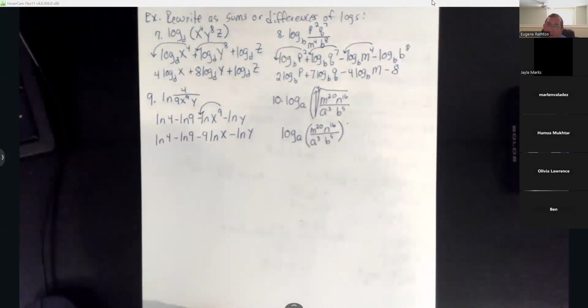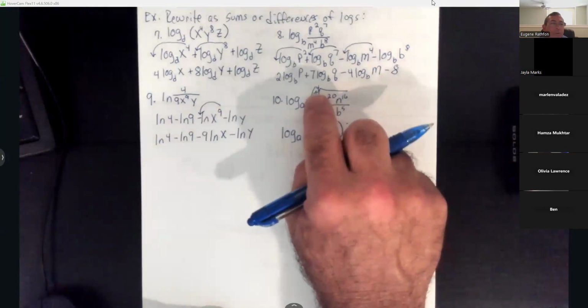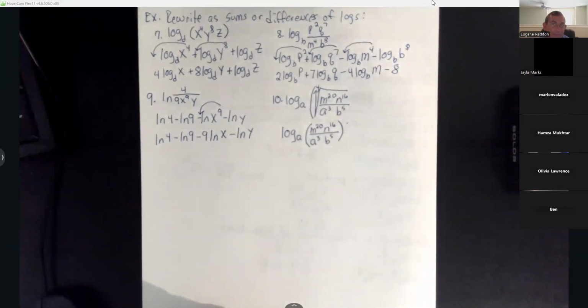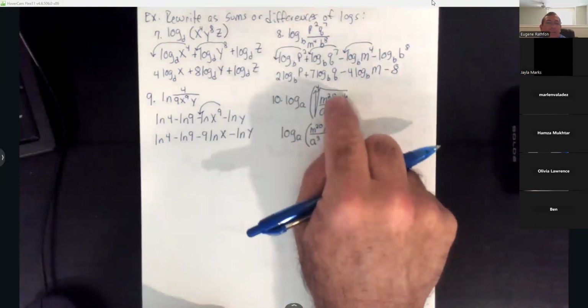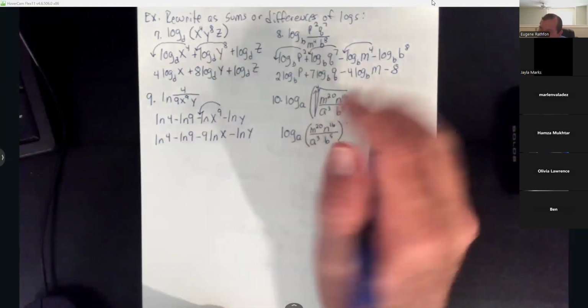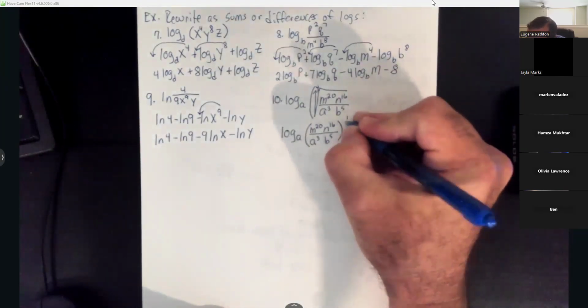So being really close, but remember, radicals turn into fractional exponents. So this whole thing here, to write the exponent over, we would write it as a 1/4.